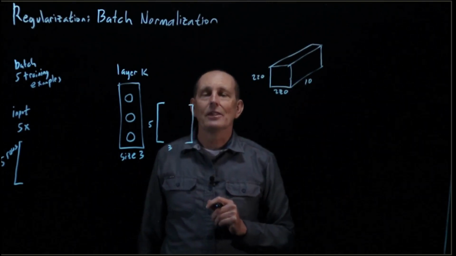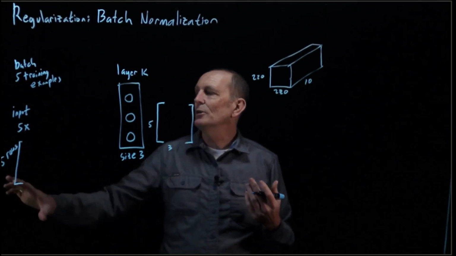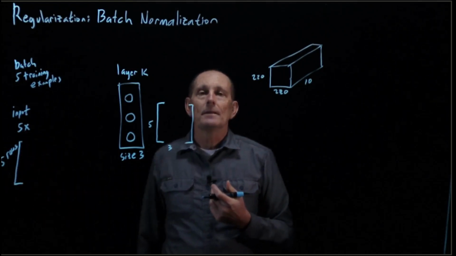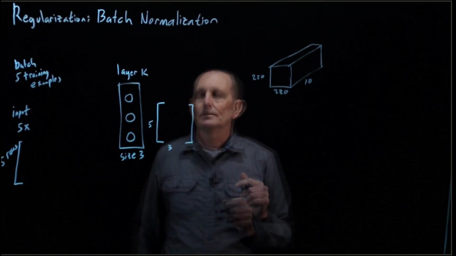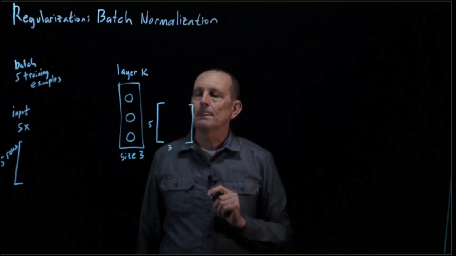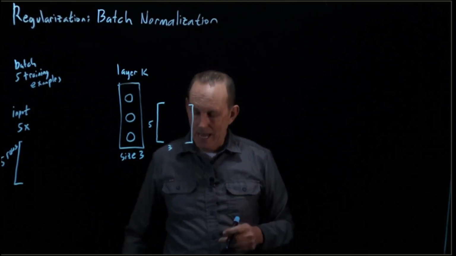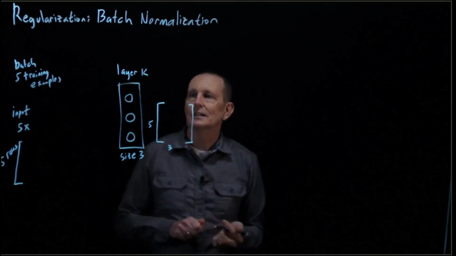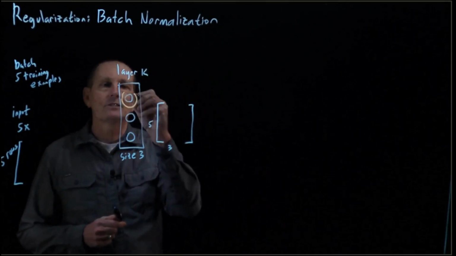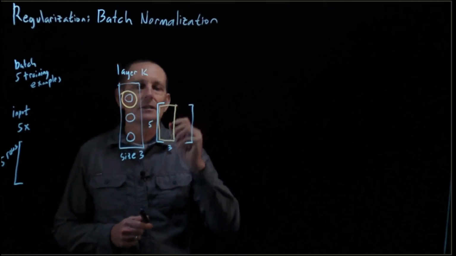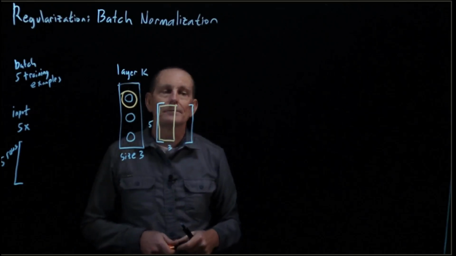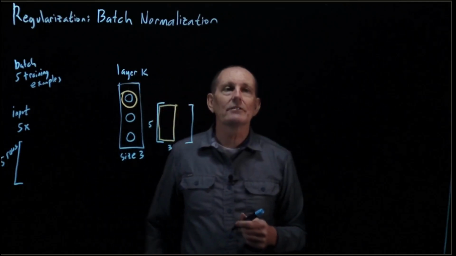Well, we can always add another dimension to represent the different instances in the particular batch. So we've got this 5 by 3. Okay, and let's look at one particular node here, the first node, which is going to represent the first column.